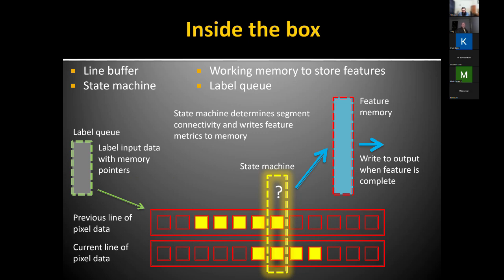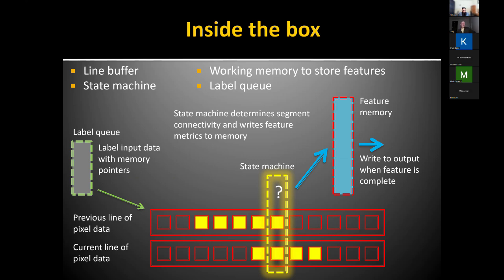And so you're working with raster scanned image data, so you're just taking it 1 line at a time as it comes from the camera. There's a couple of stacks of memory to hold the regions that you collect as you go along. So that part labeled state machine in yellow in the middle there, the vertical box, is moving left to right and making associations between the segments that belong together.